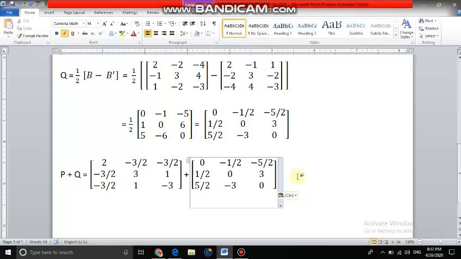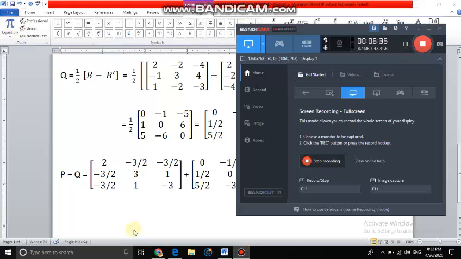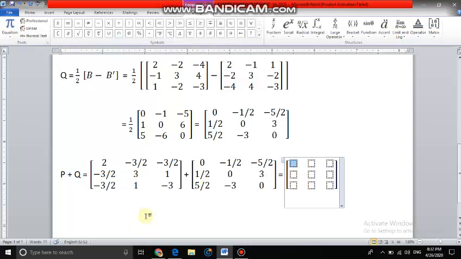So after adding these two matrices, you have to go back to here. So I got P plus Q here. This is matrix P. If you observe this matrix, as we discussed, it is a symmetric matrix, clearly shows. And this is the matrix Q. If I observe this one, this is a skew symmetric matrix.